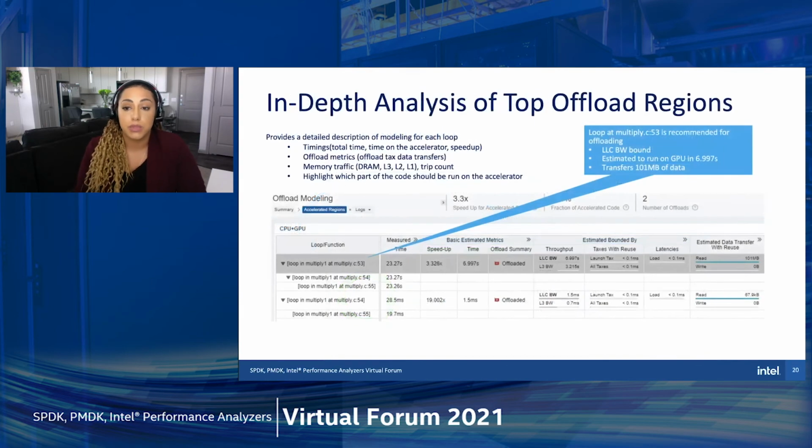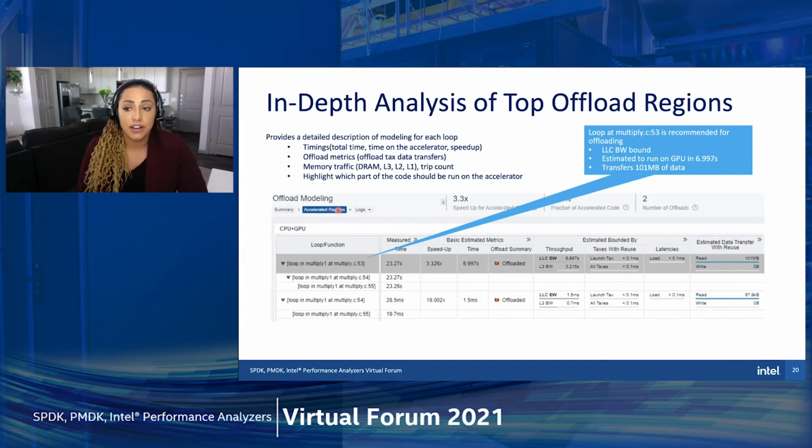So on the summary page, we saw kind of a snapshot of our top loops recommended for offloading to the GPU. But if we jump over to this accelerated regions tab, we're going to get a lot more of a comprehensive breakdown of those top candidates for offloading.